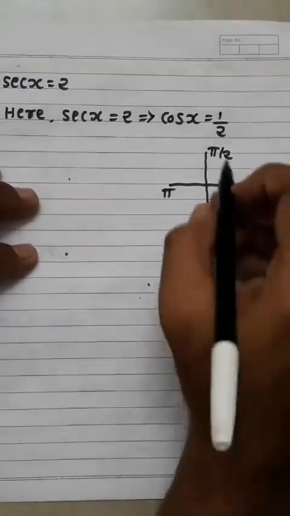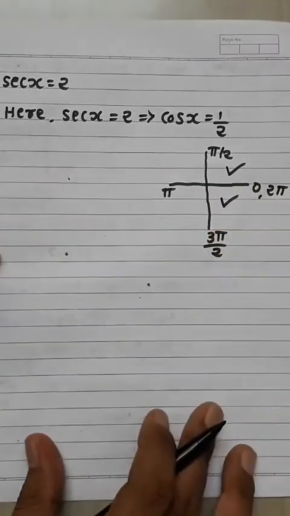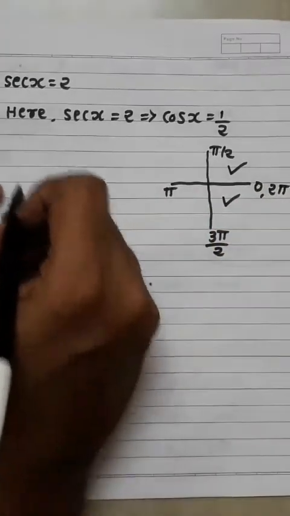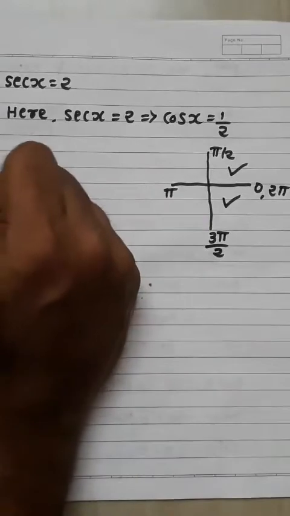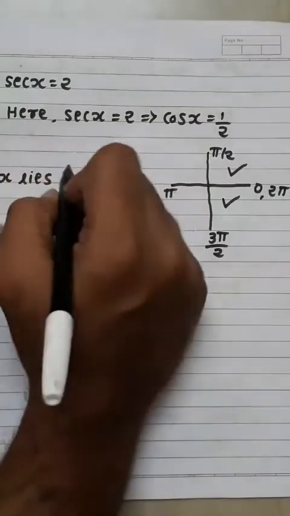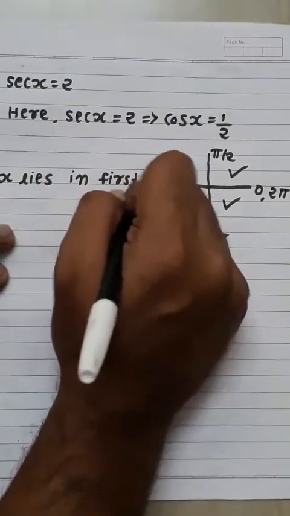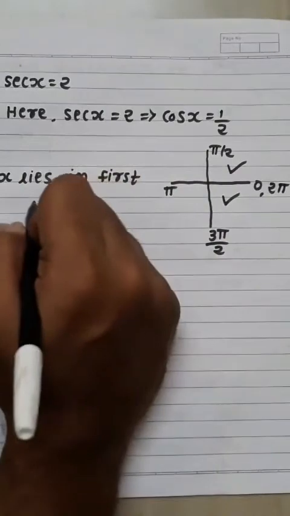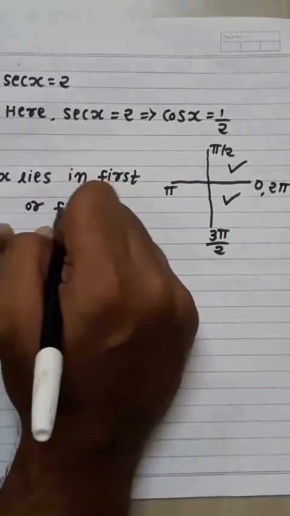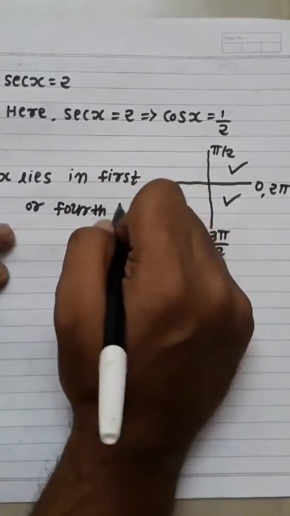So cos is positive in the first and fourth quadrants. So here we can write x lies in the first or fourth quadrant.